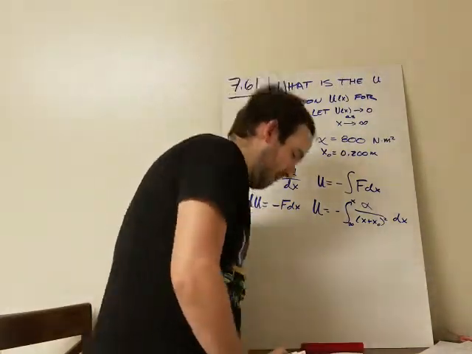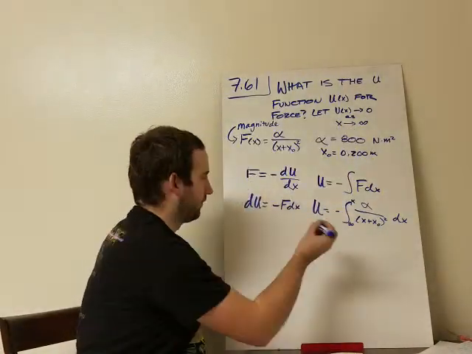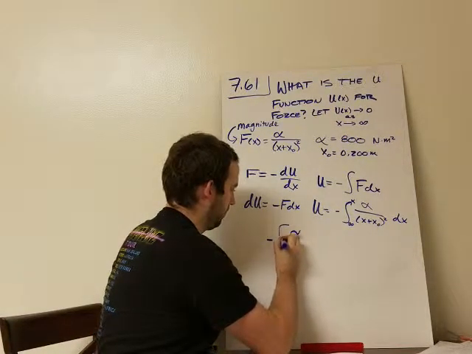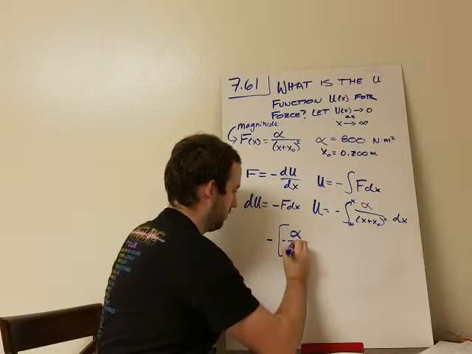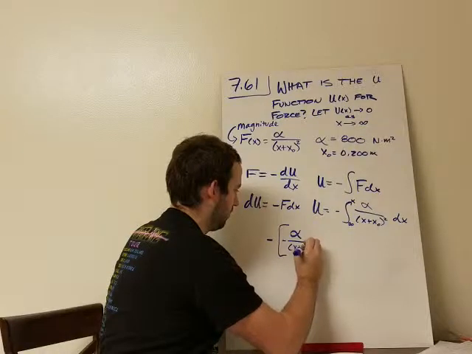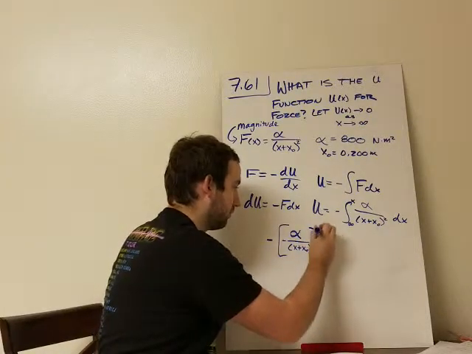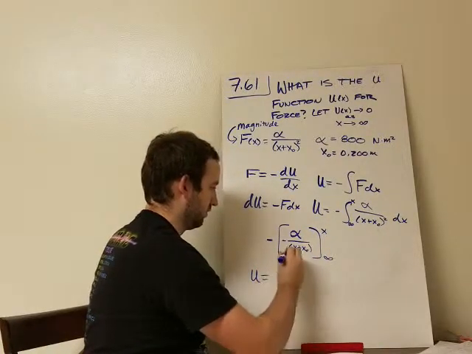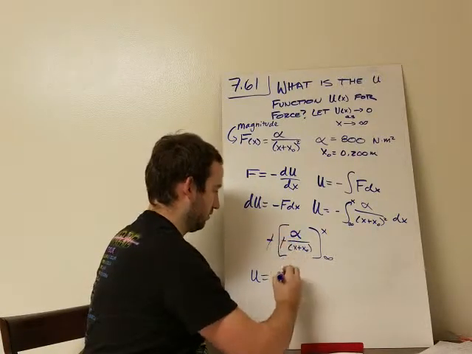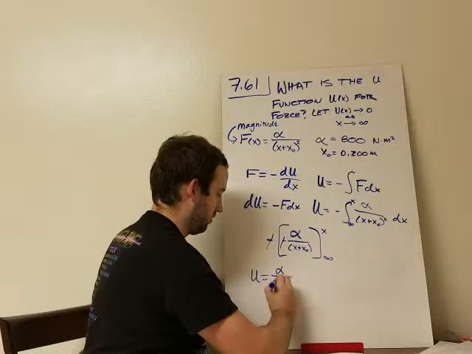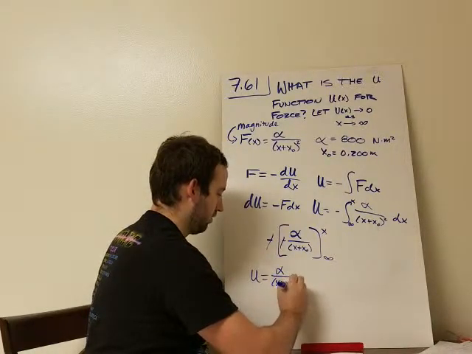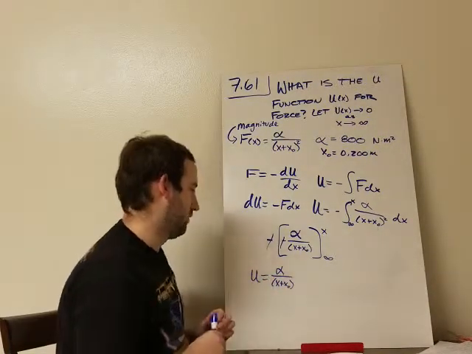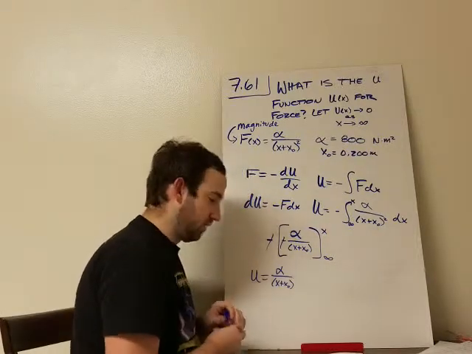As we do that, we'll end up with negative alpha, and then u equals, these cancel, so we end up with u equals alpha over x plus x naught.